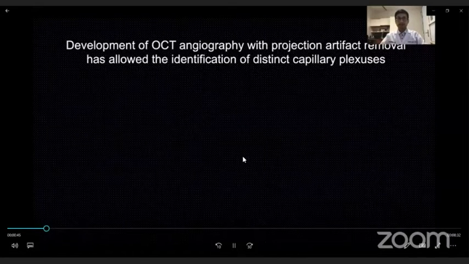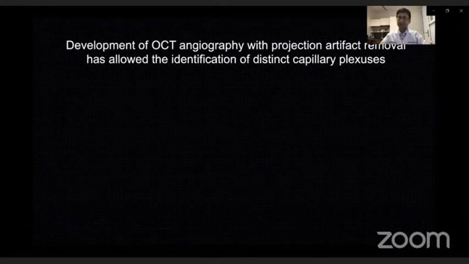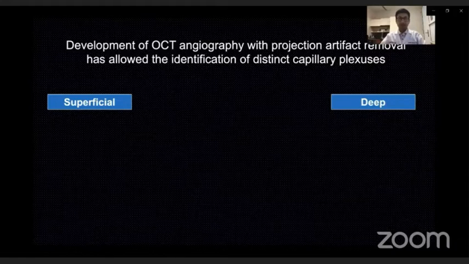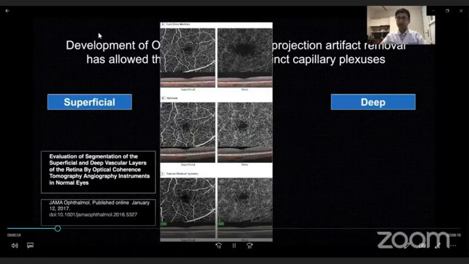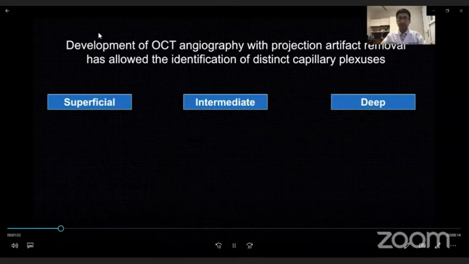The development of OCT angiography with projection artifact removal has allowed identification of distinct capillary plexi. So we all know there are superficial and deep plexi, and there are multiple papers which have provided segmentation of the superficial and deep vascular layers.